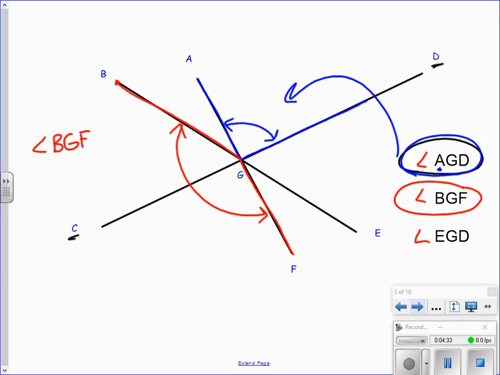And the last one here is angle EGD. Start at E, which is right here, go to G, and then go to D. And you create an angle which goes from there to there. So this is angle, with the little angle sign, EGD.